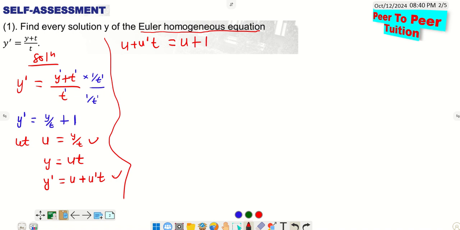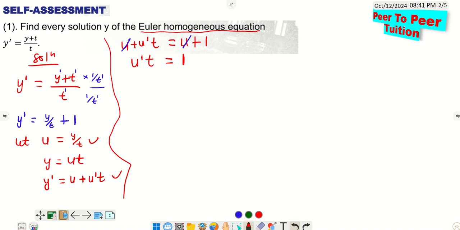So from here we need to simplify. There is u here, it will cancel out. So we have u prime t, this u will cancel this u. So we have u prime t is equal to 1.